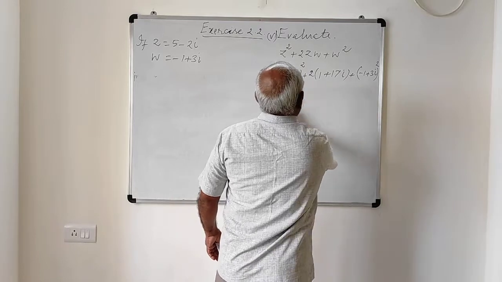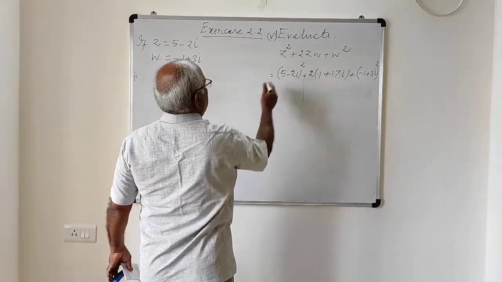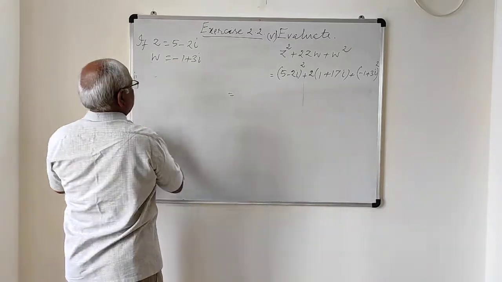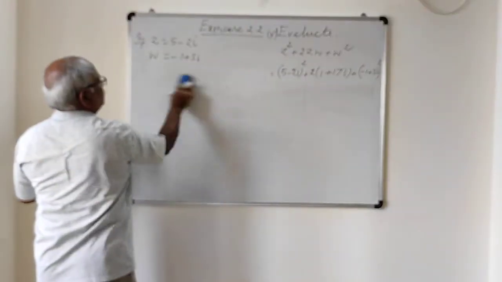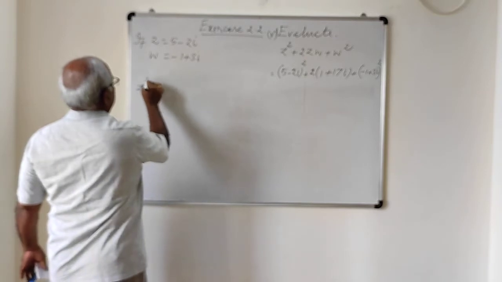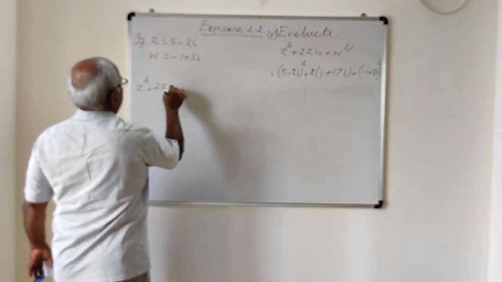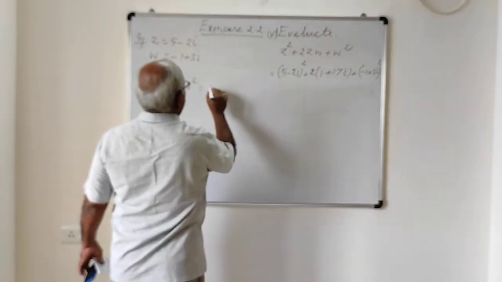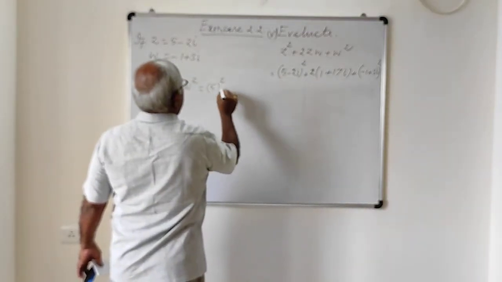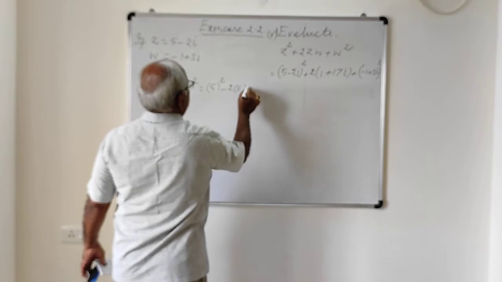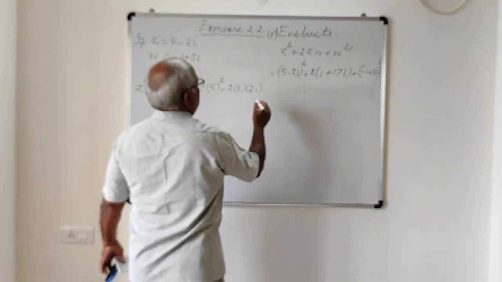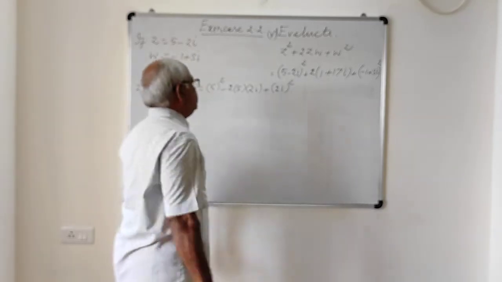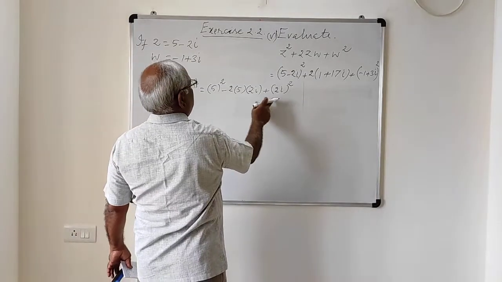I repeat. Fifth one is evaluate Z square plus 2ZW plus W square. Z square is a minus b whole square: a square minus 2ab plus b square, where b is 2i and b square is 2i the whole square.